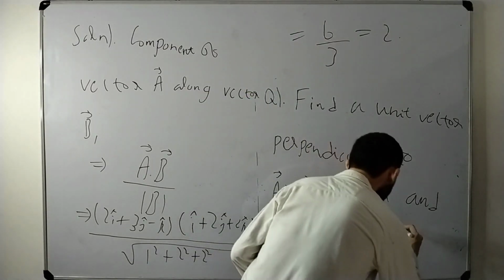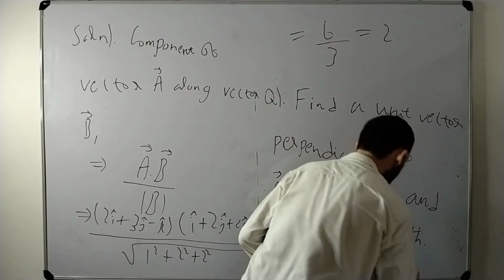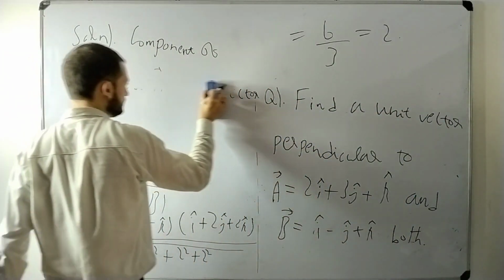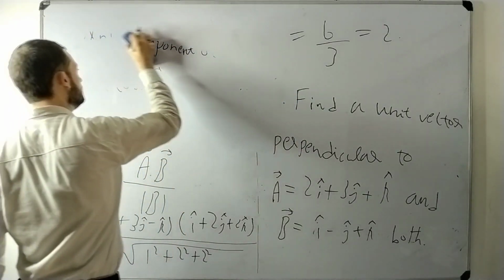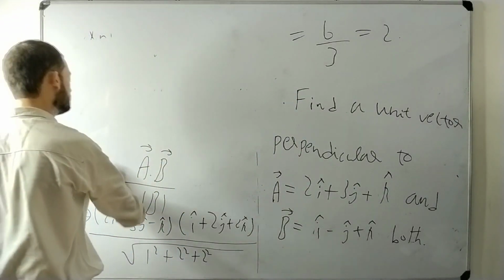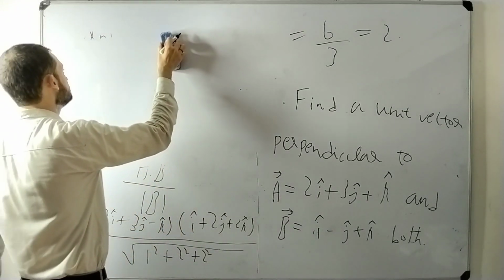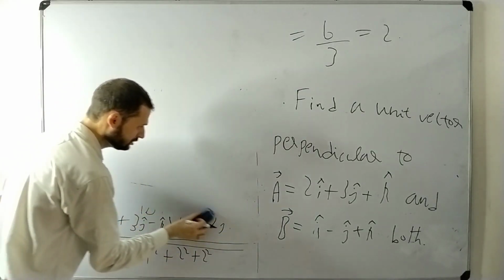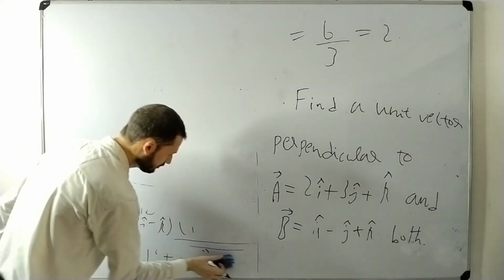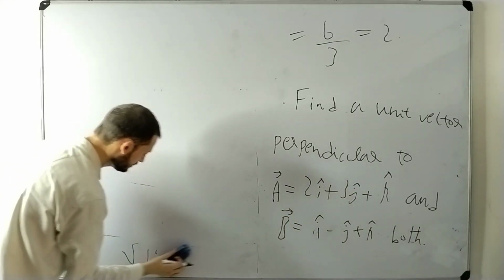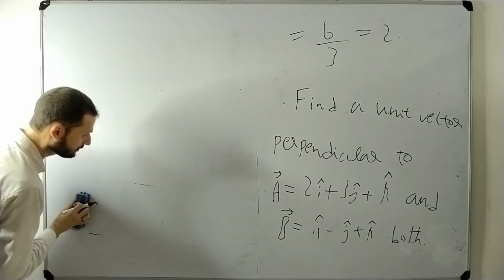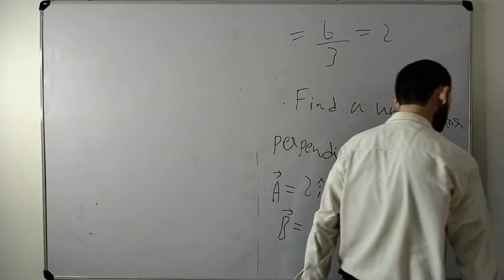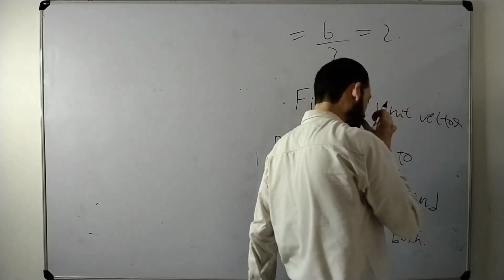So we had to find a vector which is perpendicular to both of these vectors. Interesting, no? You have been given two vectors in a space, and the required vector is perpendicular to each of them, not to each other but to this vector.